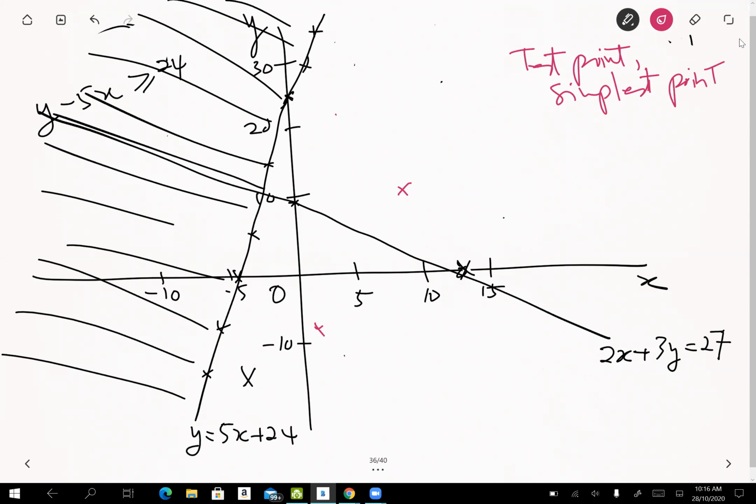What is the simplest point in the graph? So the simplest test point is 0, 0. Anytime you have an inequality, you test with 0, 0.